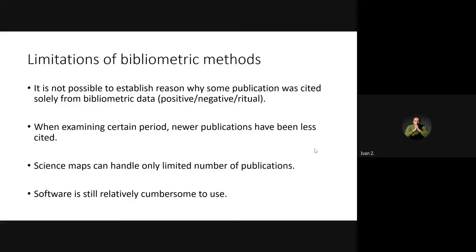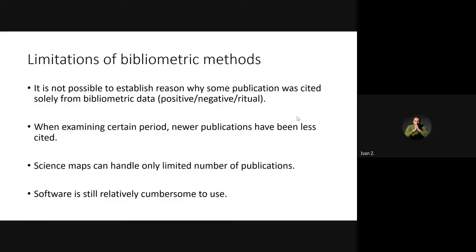So, of course, they're not perfect. There are some limitations of bibliometric methods. It is not possible to establish why a publication was cited solely from bibliometric data. I could cite some literature because I think it's good and useful for my research. I could cite it because I think it's bad, as a negative citation.